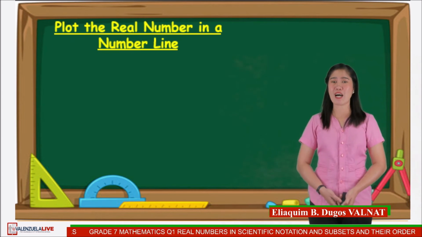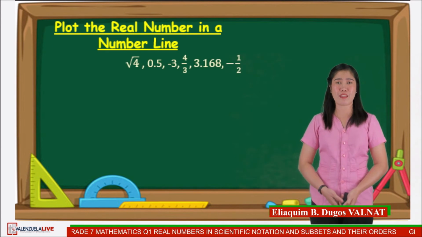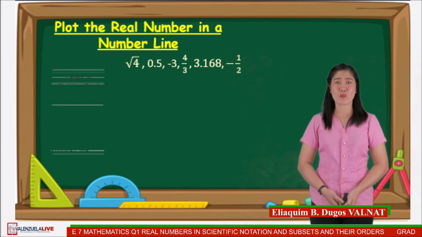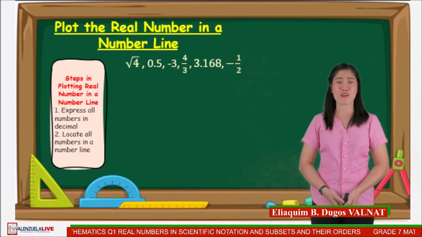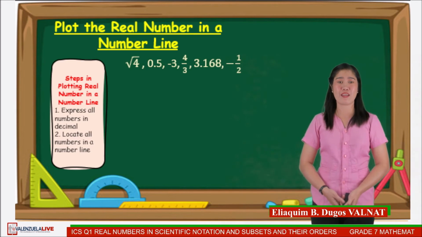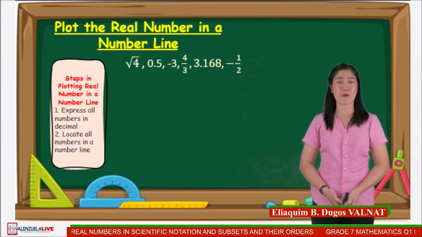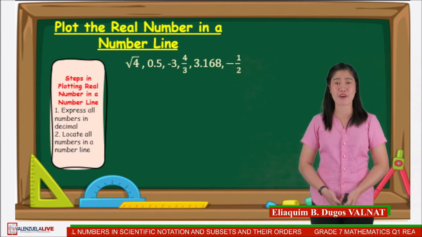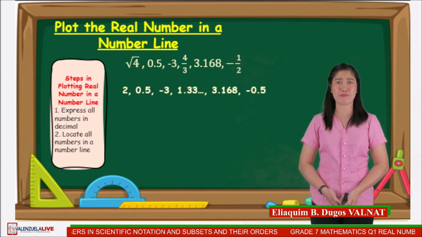Let us now plot and arrange the real numbers on a number line. The given are square root of 4, 0.5, negative 3, 4 over 3, 3.168, and negative 1/2. Then follow the steps in plotting real numbers on a number line. First, we express all numbers in decimal.